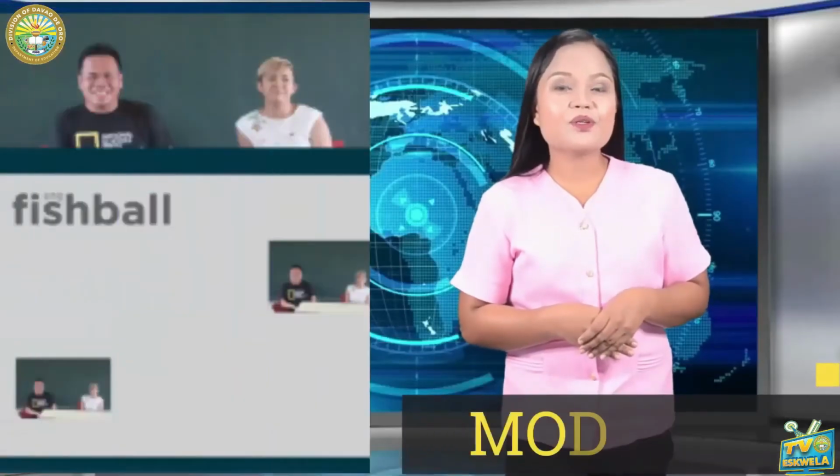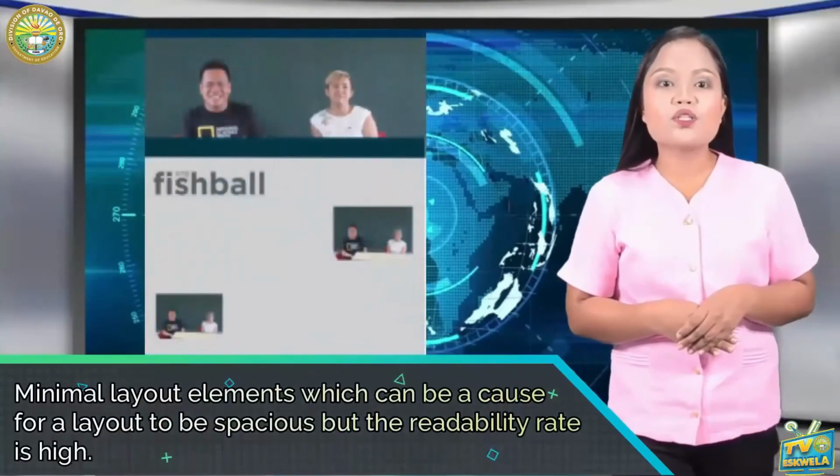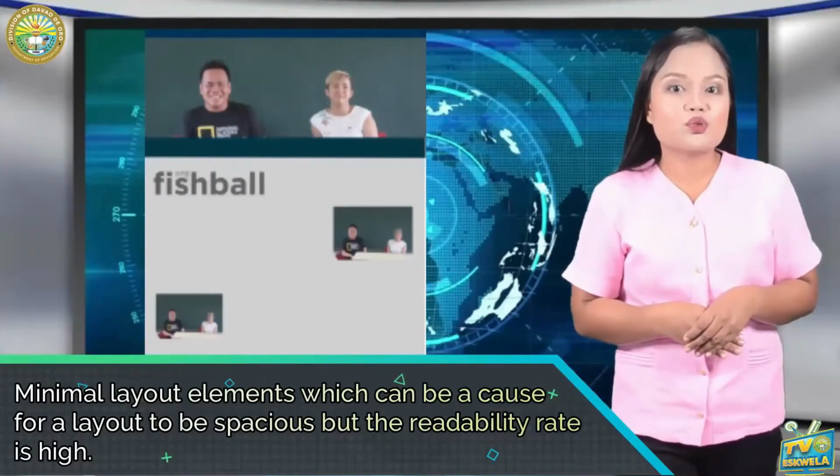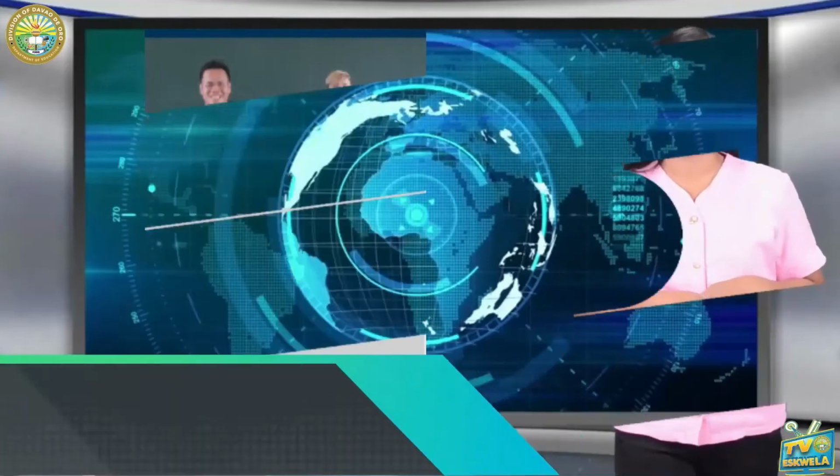Now, let's talk about trendy layout. Modular type of layout uses more boxes, which is an effective way to have a coherent arrangement. Contrary to the modular type of layout, minimal layout uses few elements, which can cause a layout to be spacious, but the readability rate is high.